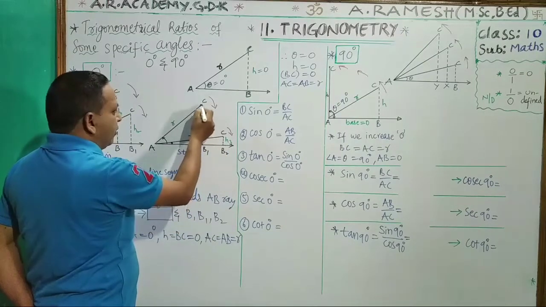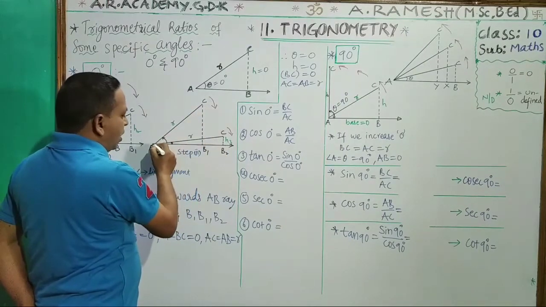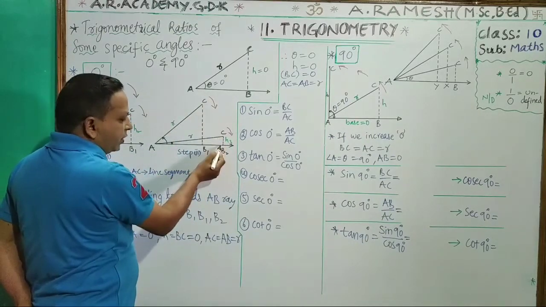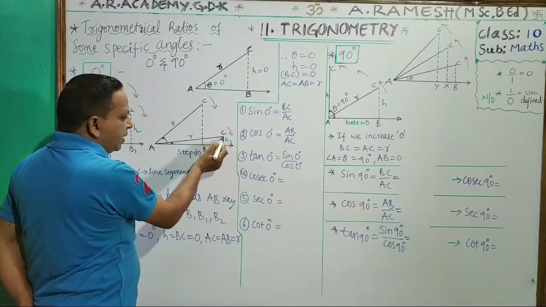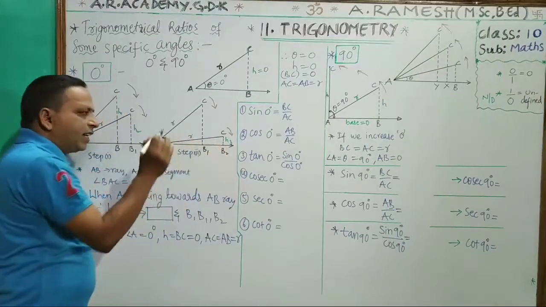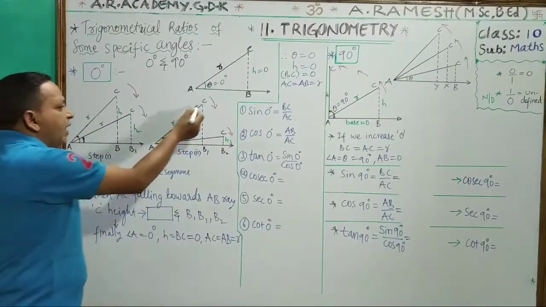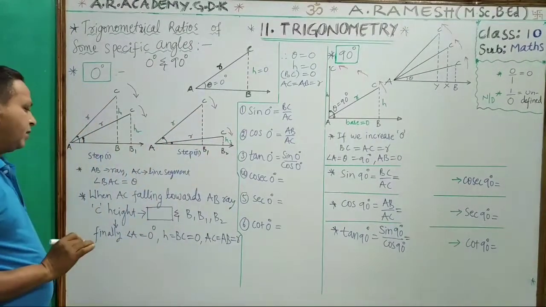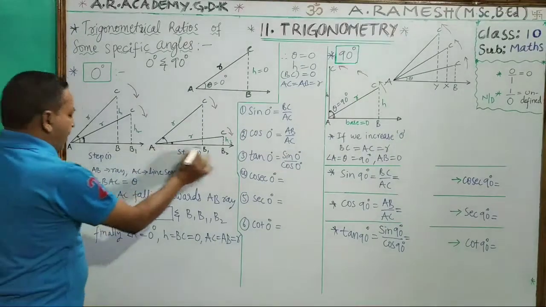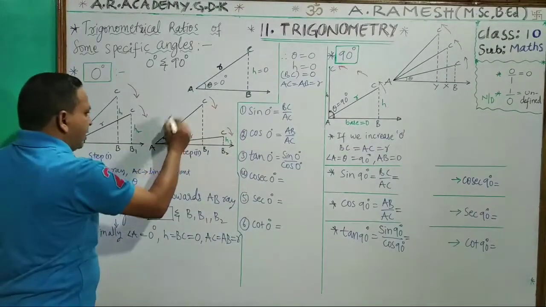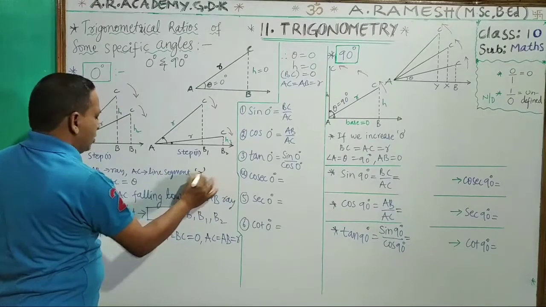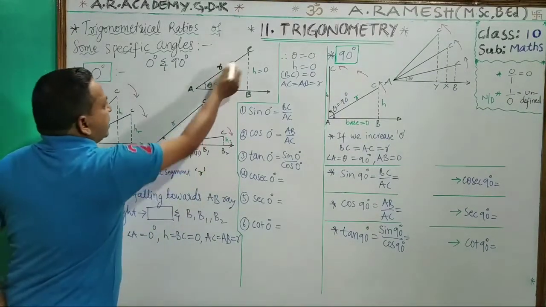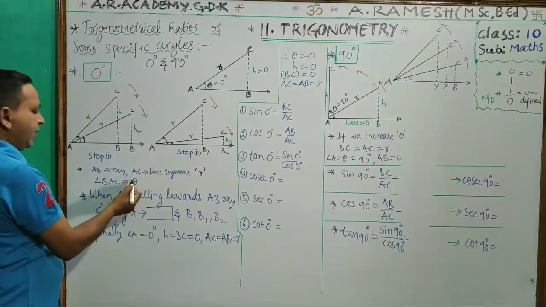So when AC is falling towards AB in the clockwise direction, the height is decreasing. When AC touches the AB ray, assume AB is the ray, AC is the line segment of length R, and angle BAC, or CAB, is theta.